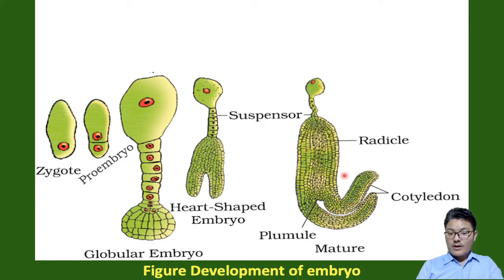And this is your walking stick stage of embryo, or you can say the mature embryo, wherein you are able to find the plumule, radicle, and two cotyledons. The presence of two cotyledons is the characteristic feature of the dicot embryo.